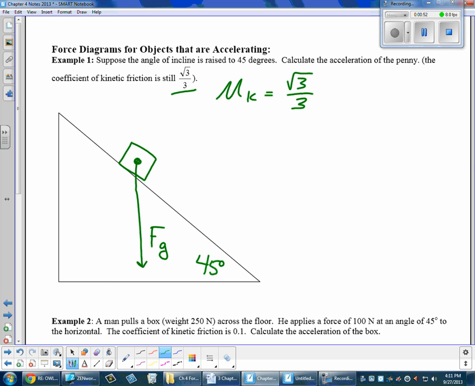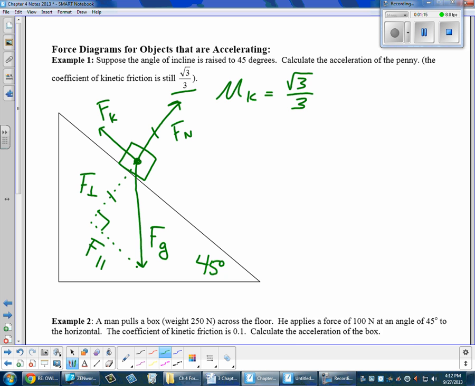I've got the force of gravity, which I will break up into two components, parallel and perpendicular. I've got a normal force, which is congruent to my perpendicular force, and I've got a force of kinetic friction.